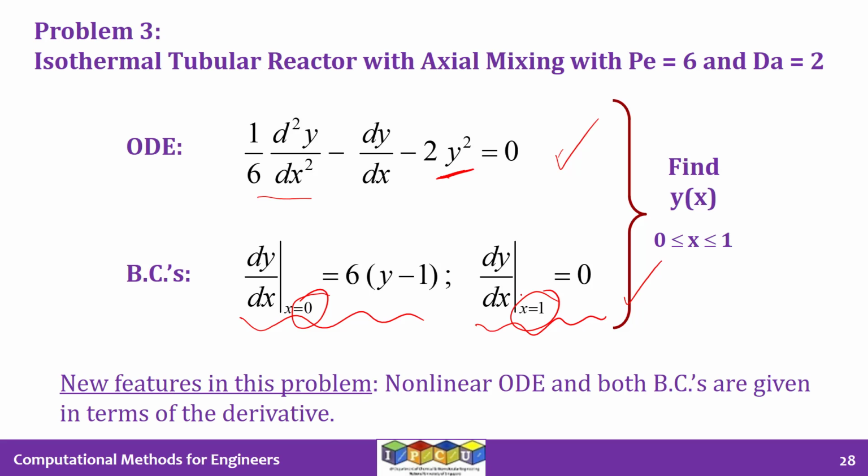We have to write the ODE representation in terms of the finite difference approximation at both the boundary points because here the dependent variable is not known at the boundary points. The boundary conditions are given in terms of the derivatives of the dependent variable. So we have to write the ODE in terms of its finite difference approximation at both the boundary points as well. And we will also use the boundary conditions to get the equations that will complete the solution to the problem.